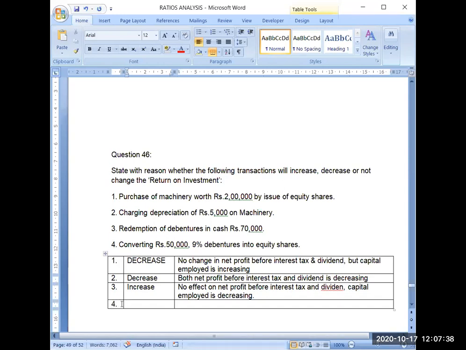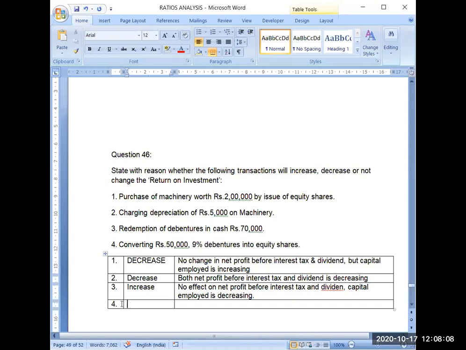Now the fourth one is converting rupees 50,000 9% debentures into equity shares. Debentures and equity shares both are part of capital employed. You are converting your debentures into equity shares, so the debentures will be reducing and equity shares will be increasing by the same amount, rupees 50,000.